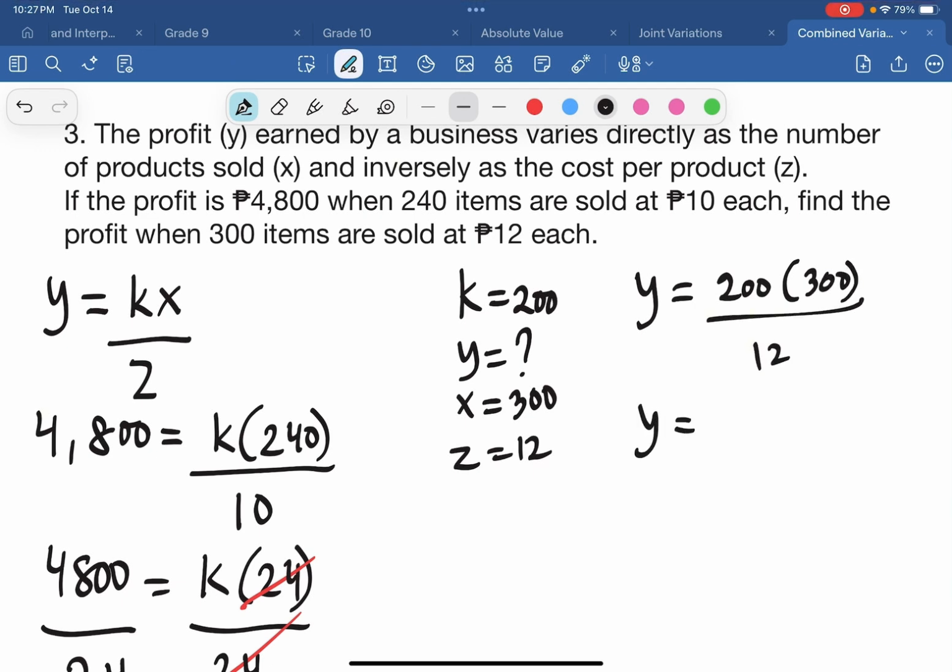So using your calculator, you could just compute it right away. So 200 times 300 divided by 12 is 5,000. So to answer this, since we're talking about the profit in pesos, we should add a peso sign. And this is our answer.